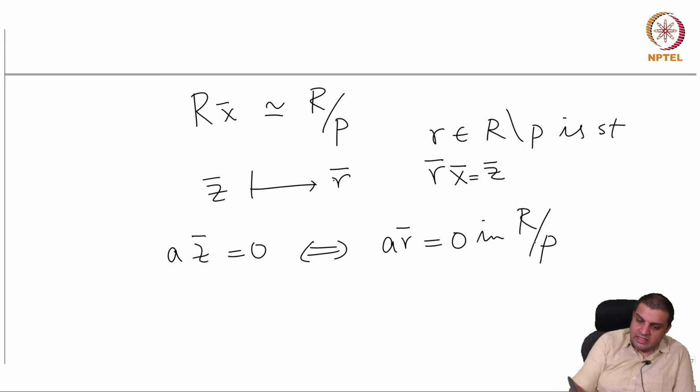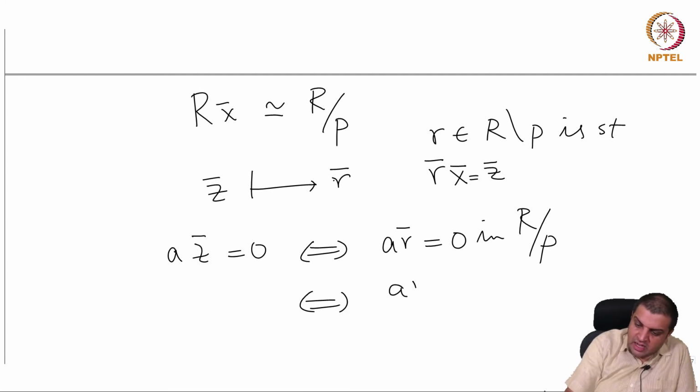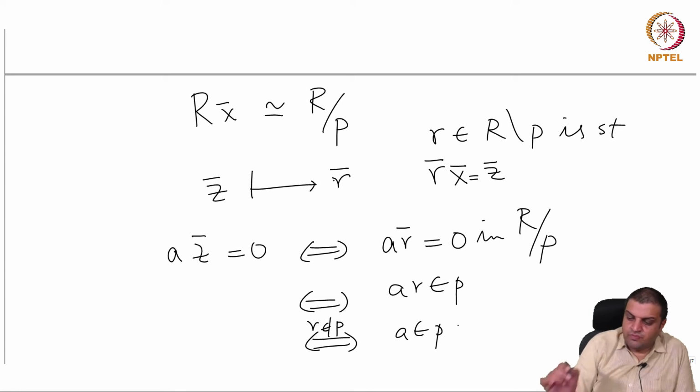Okay. And that is the same thing as saying A R is inside P, which is, because R is not inside P, the same thing as saying A is inside P. Okay.